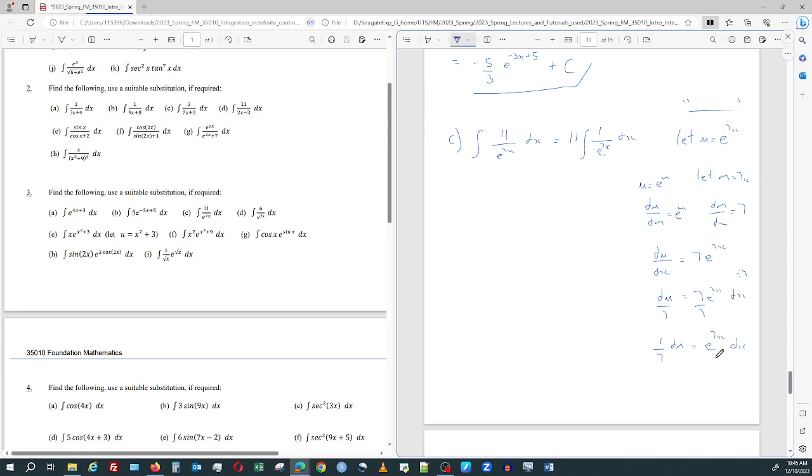Now we can put it there just as a substitution, because after all, that's what this is about. So we can say, are you there? 1/e to the 7x.